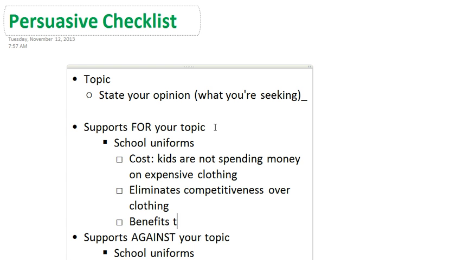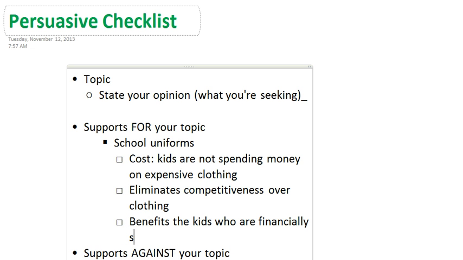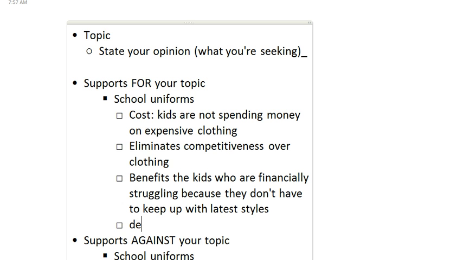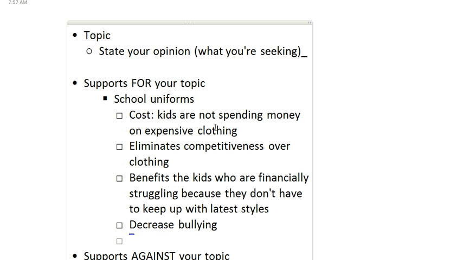It benefits the kids who are financially struggling, because they don't have to worry about keeping up with the latest styles. It would decrease bullying, but it most importantly would keep kids focused on education.